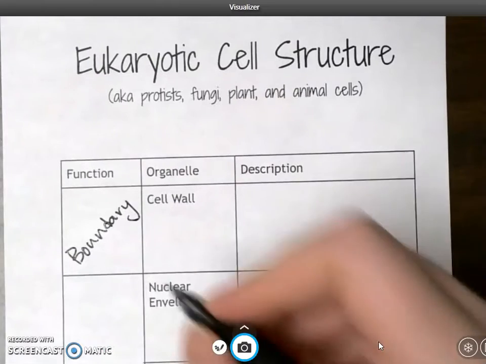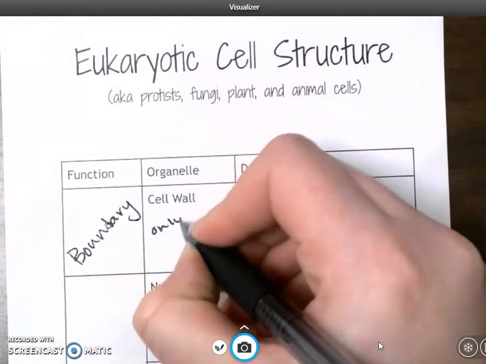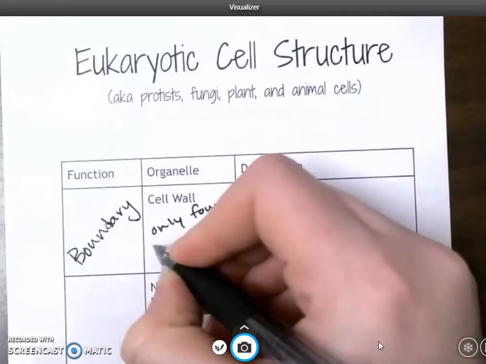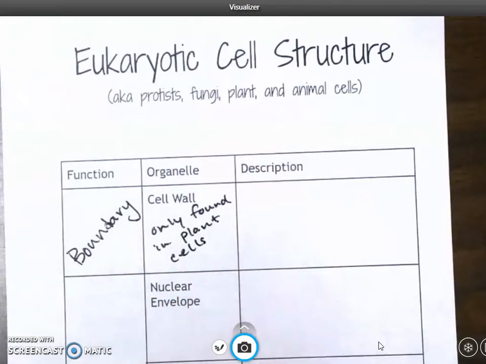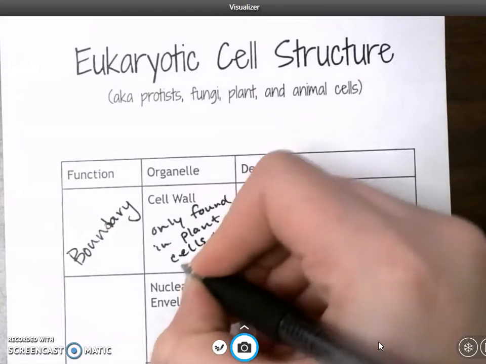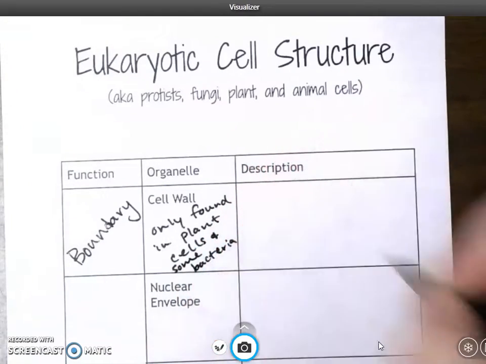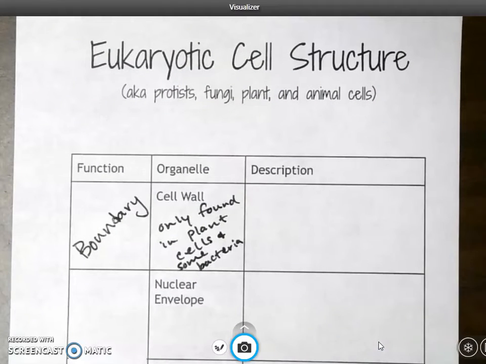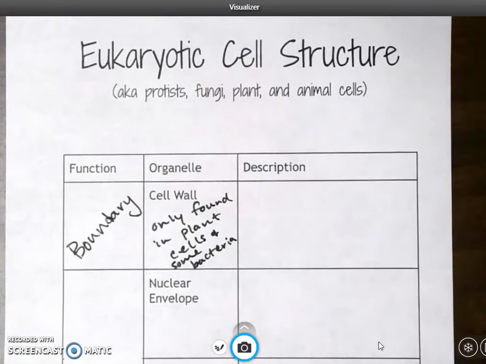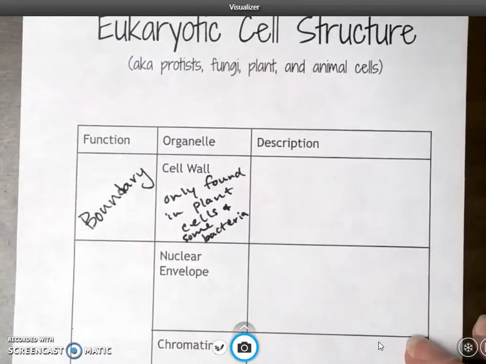It is only found in plant cells and some bacteria. We just talked about the bacteria cells today in class. They have cell walls. Animal cells do not have cell walls. That is a defining characteristic of a plant cell.